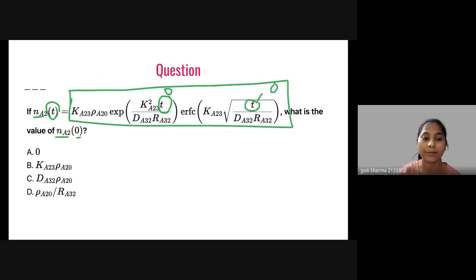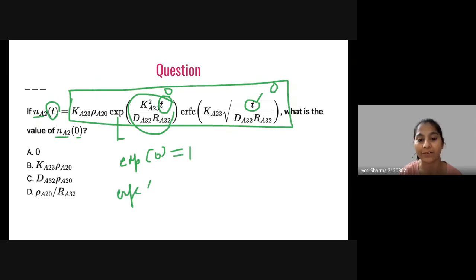Right? And we have this exponential term. So if this whole term is equal to 0, then exp(0) is nothing but 1. And this erfc, this is the error function, this is also 0, and this will also be 1. So this is 1, this is 1, and your term will be this much only.